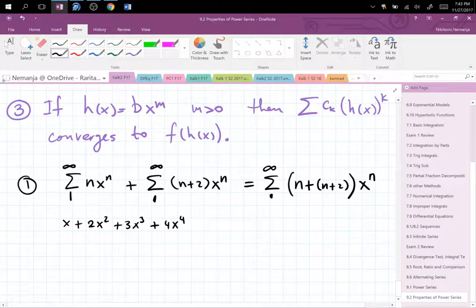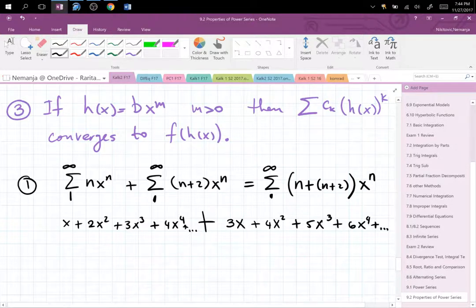So that's the first terms. And then we have plus dot dot dot, and then big plus. And then the second one, when I start at 1, I have 3x plus 4x squared plus 5x cubed plus 6x to the 4th plus dot dot dot.